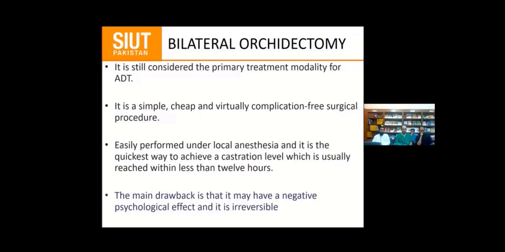It can be easily performed under local anesthesia, and it is the quickest way to achieve a castration level, which is usually reached within less than 12 hours. It has the main drawback that it has a negative psychological effect on the male patient. Also, it is irreversible.